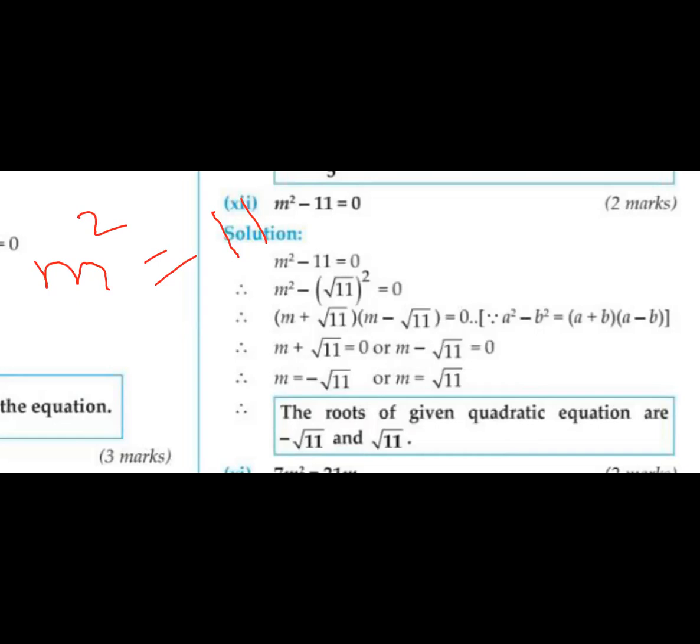Yes, sir. Very good. m square equals 11. So simply m equals plus minus root over 11, because this square will be converted into the root. Clear? Yes or no? Yes, na?